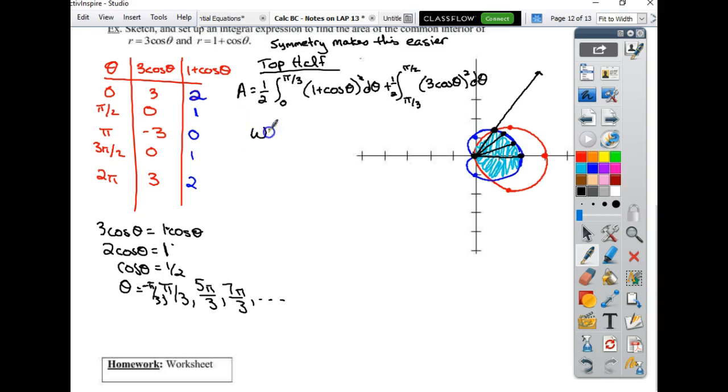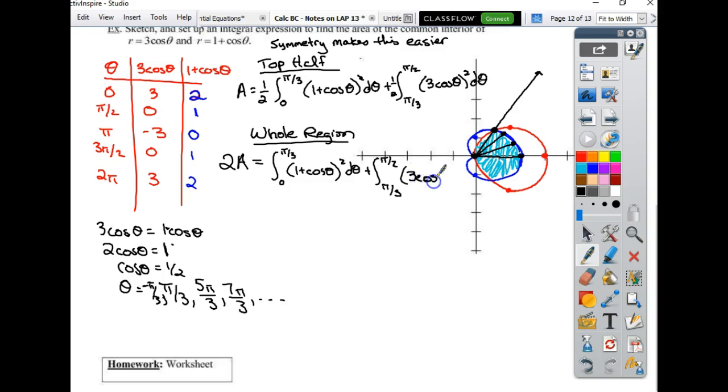If I want the whole region, then what do I need to do? Then we just need to find 2 times the area, right? 2 times this area. And ultimately what's going to happen is we're going to get rid of the factors of 1/2. By the way, can I write this as a single integral? These are not the same limits, so we are stuck writing this as 2 pieces.